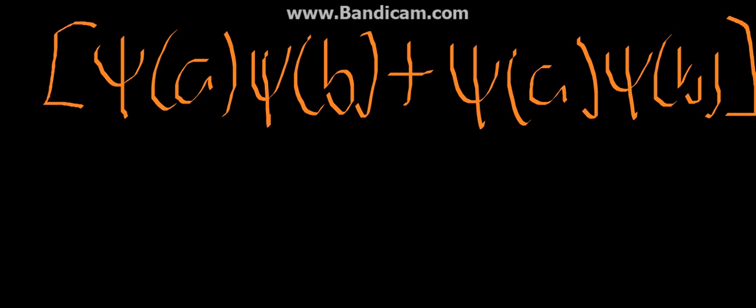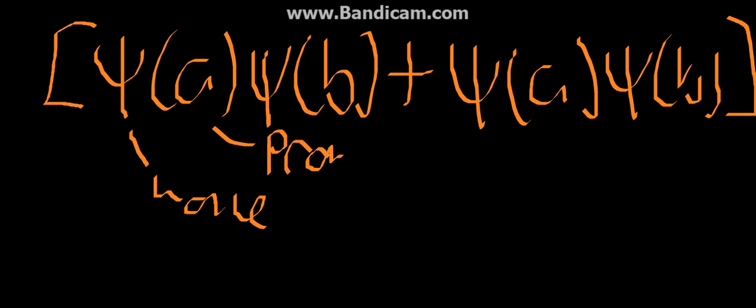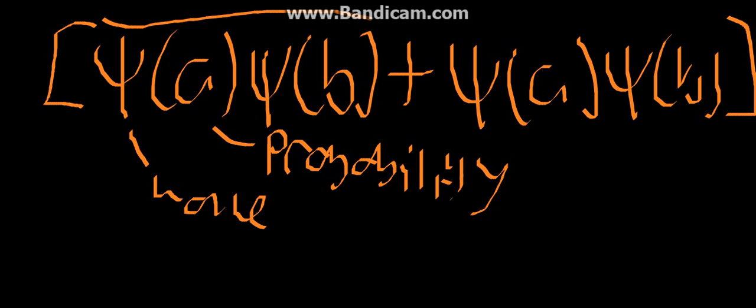Now, let's break this down. This here is your wave equation. This here is your probability. This here is your electron, and this is just repeat.